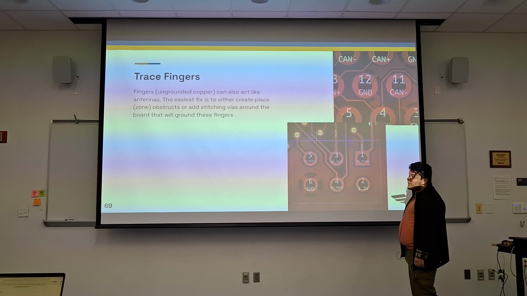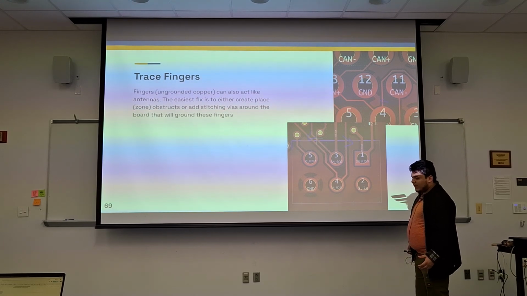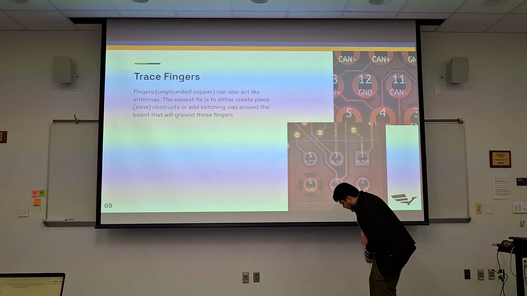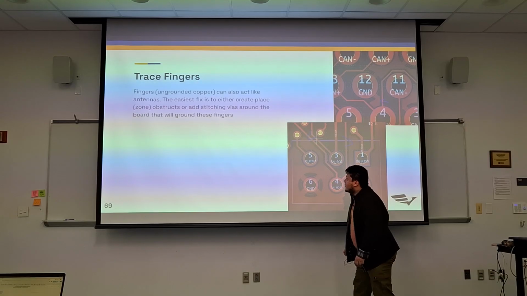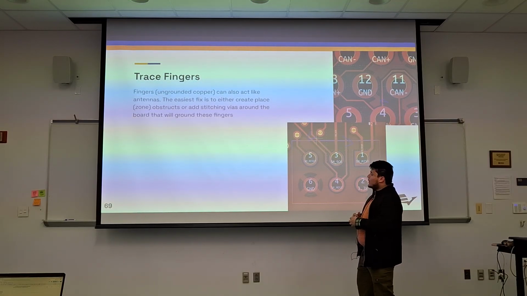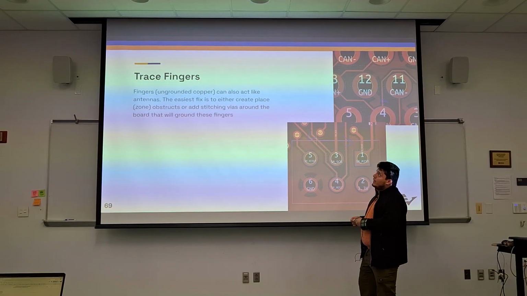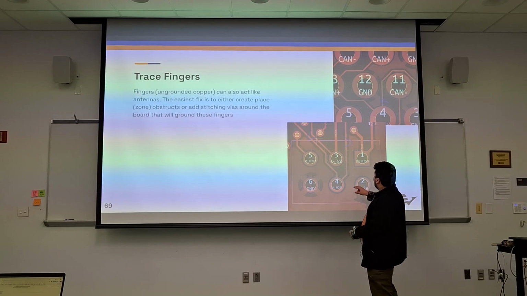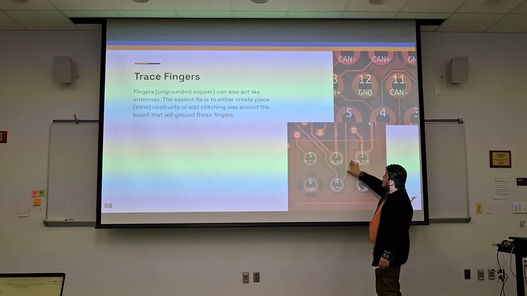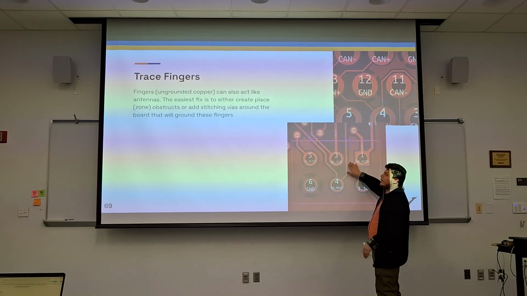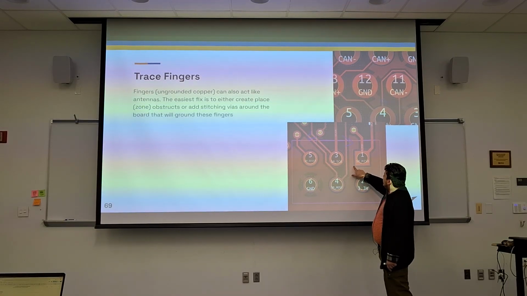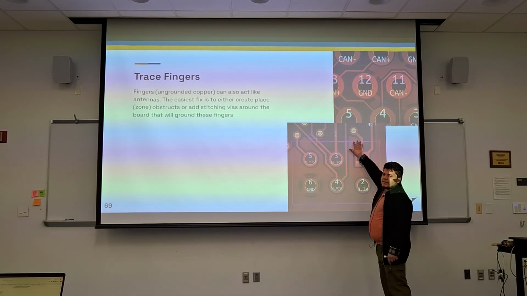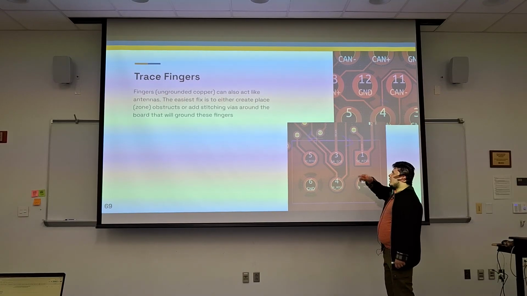There are different ways of doing that. One easy way is by setting, in the zone manager, the minimum copper width. In this case, if my minimum copper width is 0, just put copper wherever you can, then you get this little trace, this little antenna, which is what we call a finger.